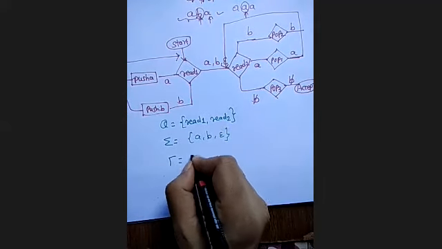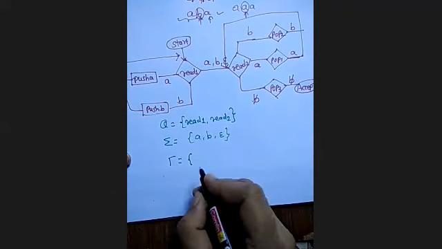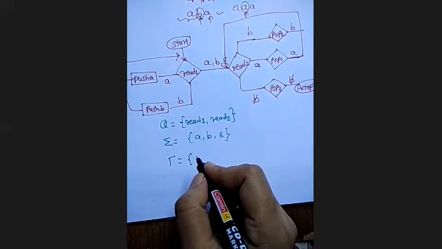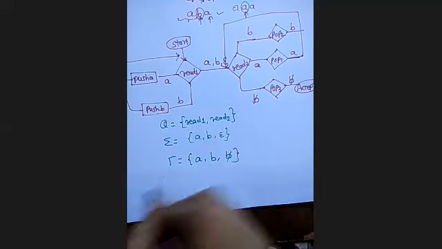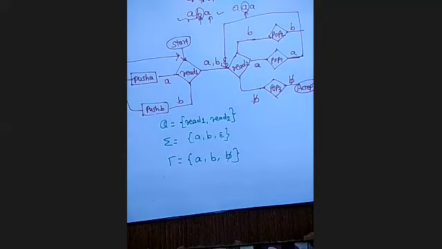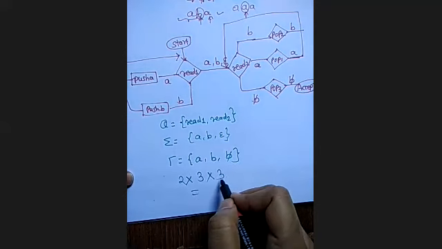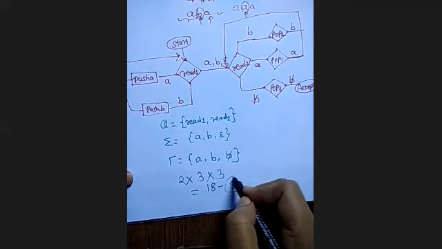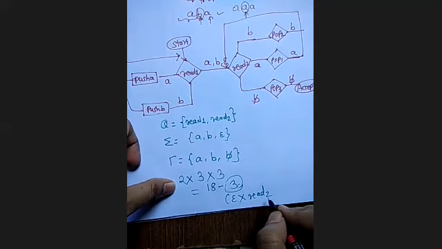Stack symbol. Stack पे क्या क्या आ रहा है? What are the symbols? Am I correct? A, B, and blank. Okay. तो कितने आने चाहिए? 2 into 3 into 3, 18 minus 3. Don't consider epsilon for the read 2.